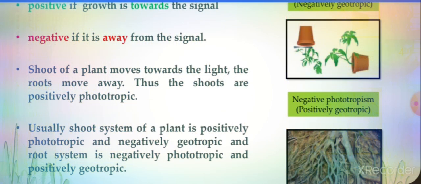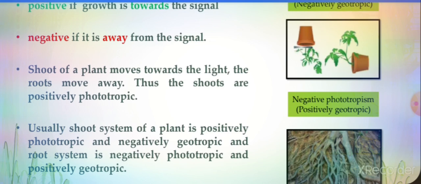Now if you keep a potted plant either horizontal or upside down, after 1 or 2 days or even after a week, you can see the stem tip bends or curves and grows towards the light. In the second video, I told you the principle behind it.